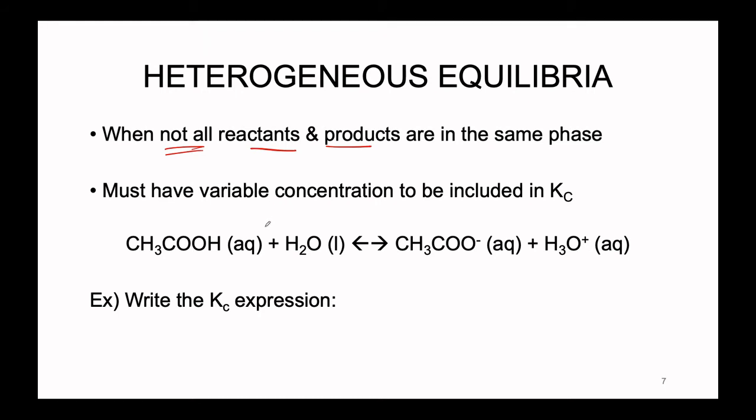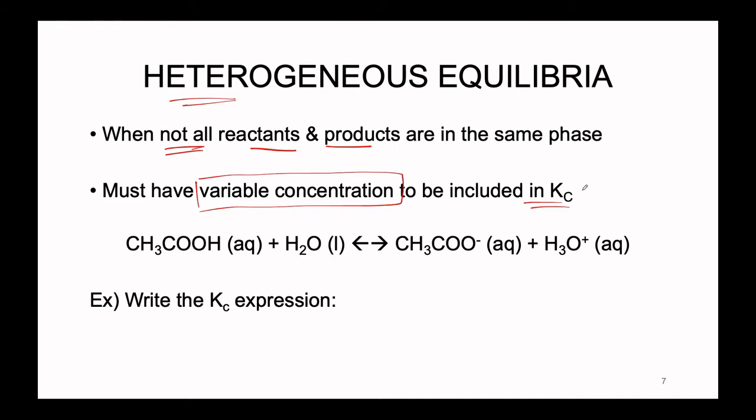So most reactions that we can see and work with in aqueous solution are going to be some type of heterogeneous equilibria. And the key difference here when it comes to writing an equilibrium expression for this type of chemical reaction is that only variable concentrations are going to be included in your equilibrium constant expression.